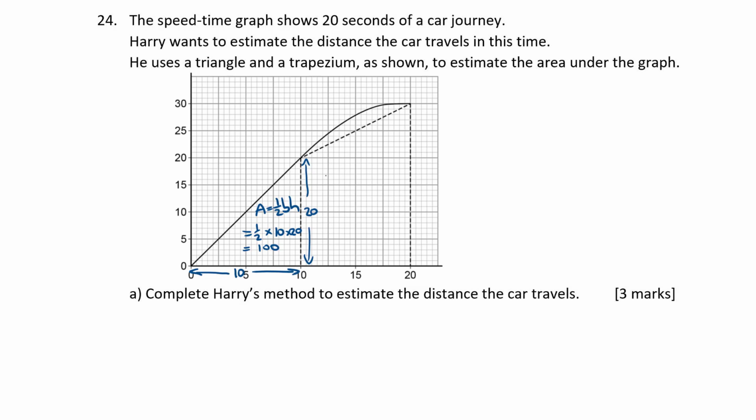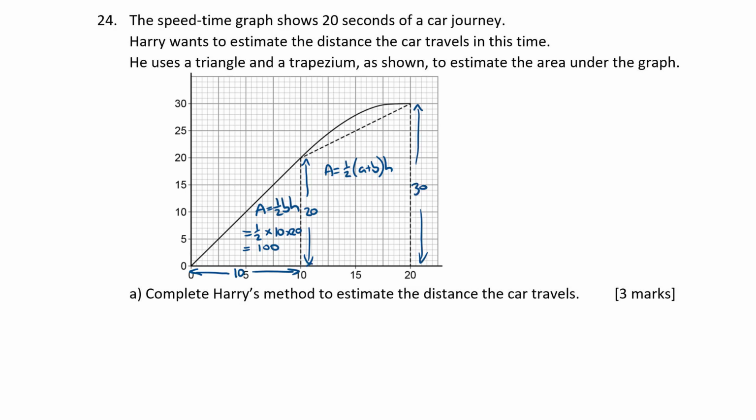Now for a trapezium, area is equal to a half A plus B times H, where A and B are parallel sides. So basically you're averaging out your two parallel sides and you're multiplying by the distance between them. So I already know A, it's that 20. B is going to be this length here, isn't it? Which is 30.